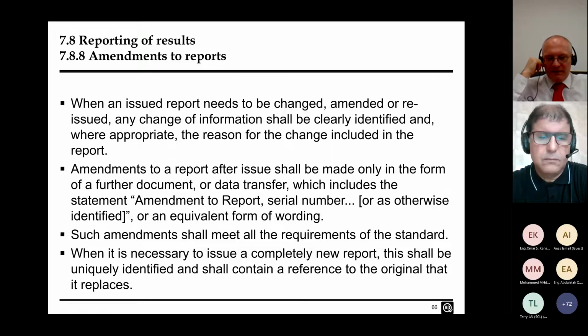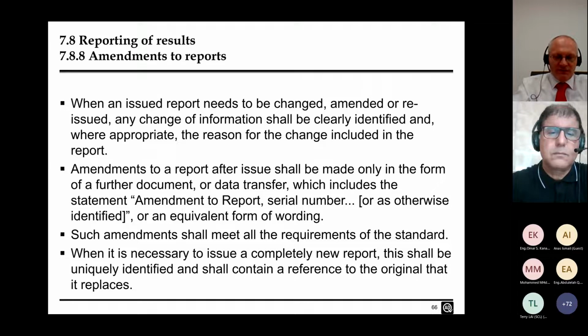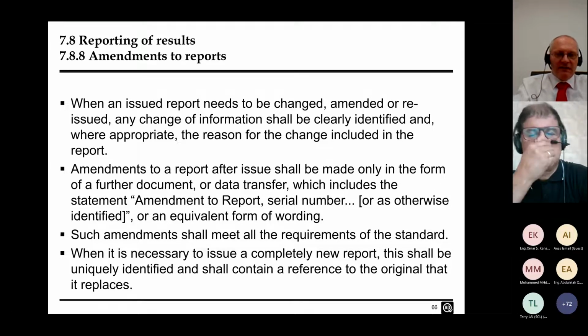Again, my opinion is the amendment approach works under a very limited number of circumstances, whereas issuing a new report is, I think, fairly clear and is unlikely to cause any confusion with your customers. So think very much about how to make sure that they understand that they have new data and they should be using it. This is the important thing. We don't want them using the old data.